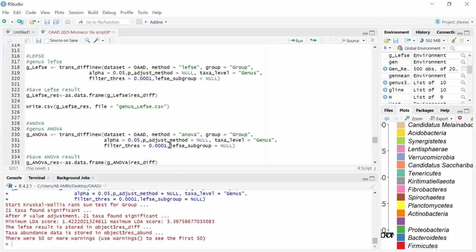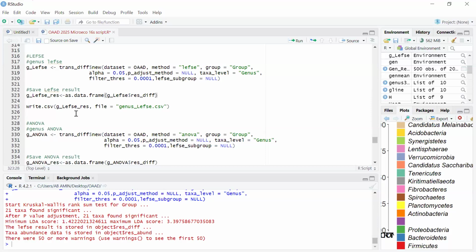If the maximum was like 5, I could decide to peg 4 for more screening. But since it is 3, I can decide to peg 2.5 or 3. Maybe it's just one taxon that was above 3. So it's only when you plot that you will see.